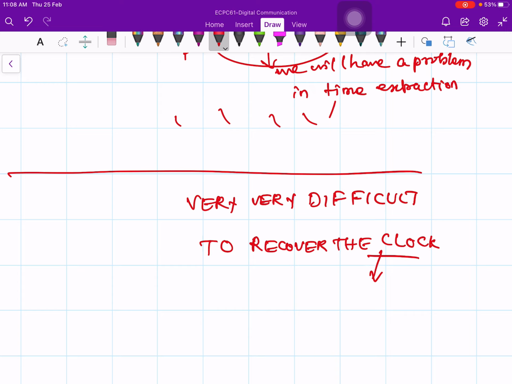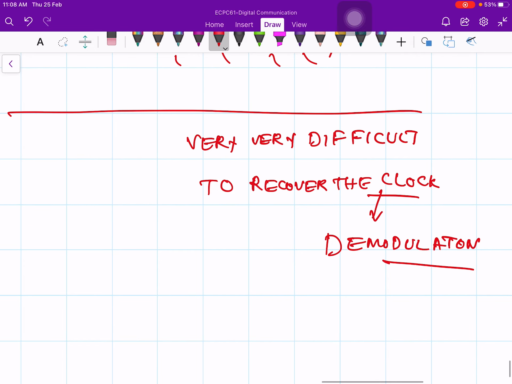It is very difficult to recover the clock from the received signal, which is important for what? For carrying out the demodulation. So the entire communication system fails. Demodulation is very important. Synchronization is very important from the point of view of demodulating the signal, because we don't know where the 0 occurs and where 1 occurs, and at what point it starts and at what point it ends.